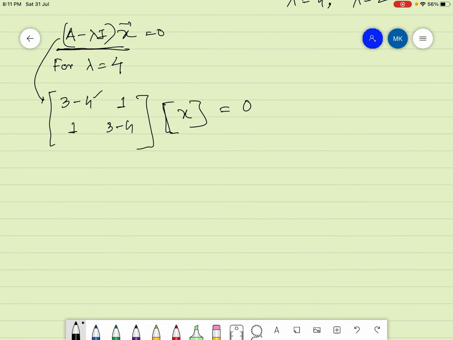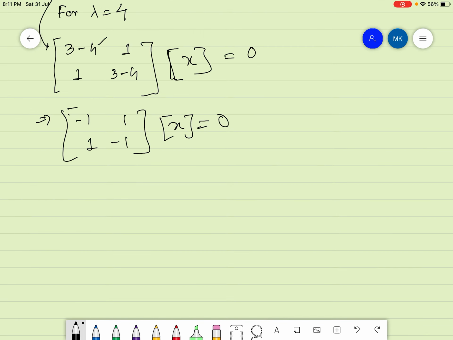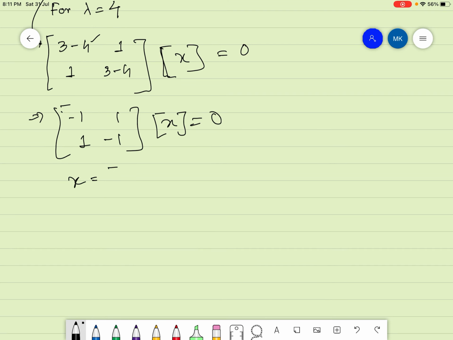So we'll have [-1, 1; 1, -1], x equals 0. If we solve this, we know that x would be basically [1, 1].